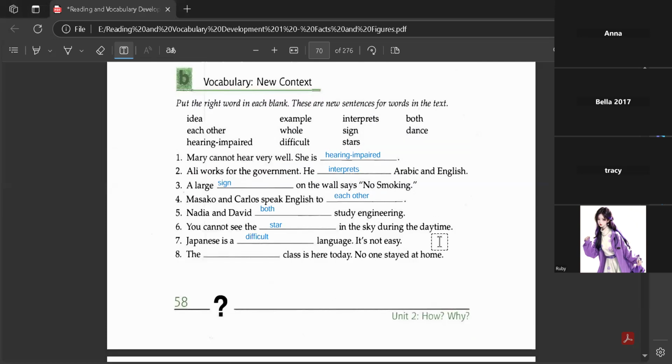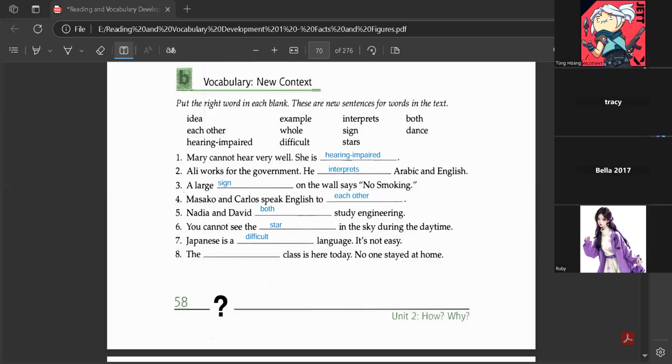It should be a subject or something like that. Danny's already raising his hand. What should it be? It should be the word that I wrote. Just wait then. Dance. Yep, very nice. The dance class is here today.